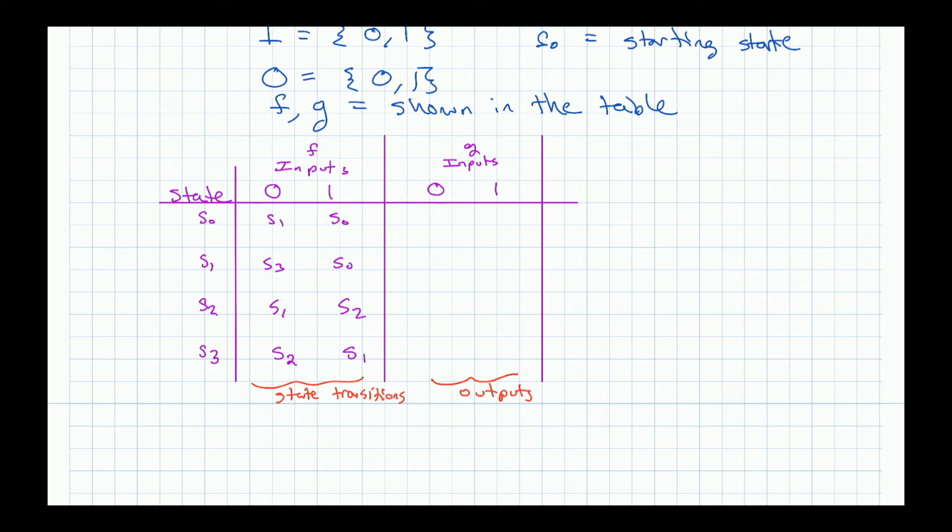All right. And then your outputs are going to be zeros and ones, and we'll fill those in. So like 1, 0. Okay. 1, 1, 0, 1, and 0, 0.